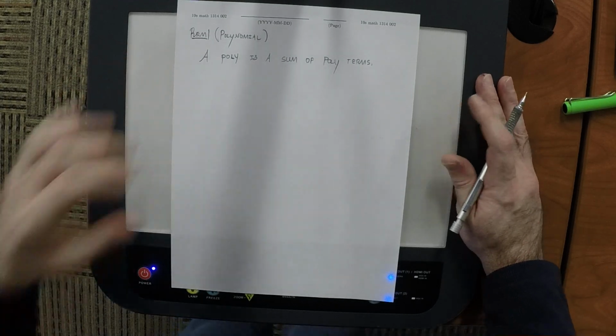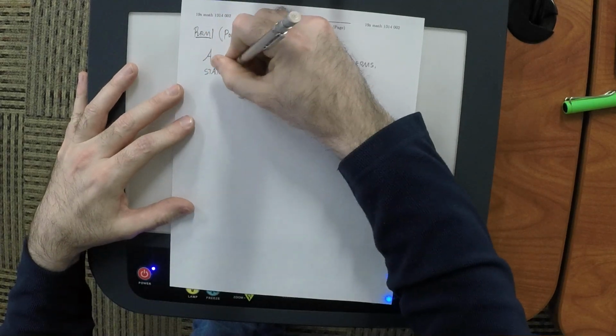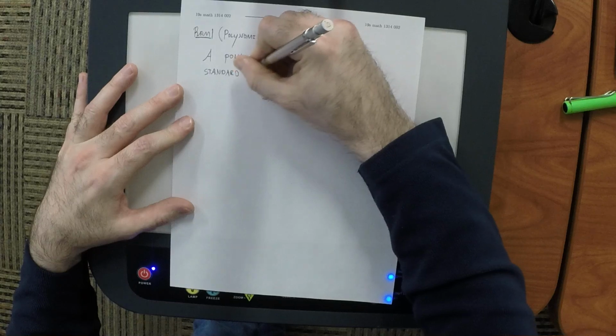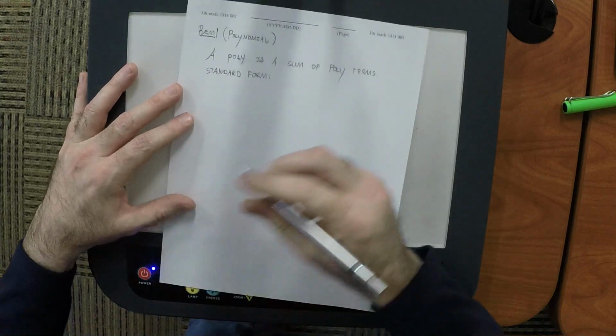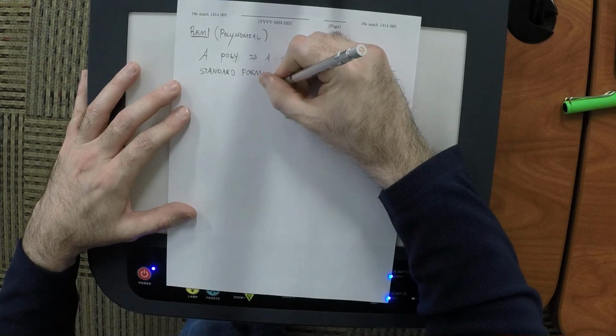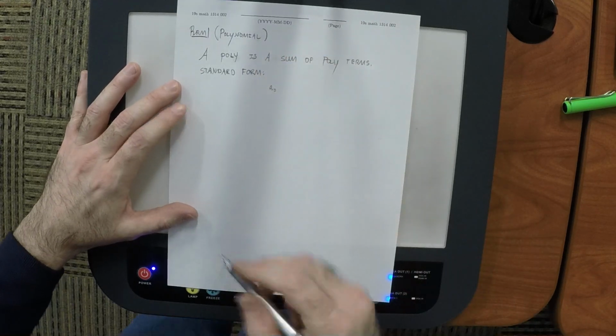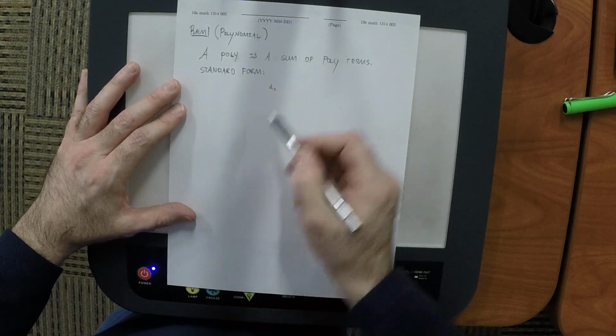All right, the standard form of a polynomial is like this. So, all right, so we could have just a0. So I'll explain what I mean by that in just a second.